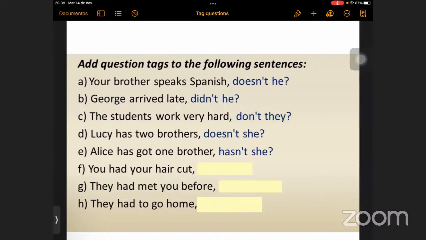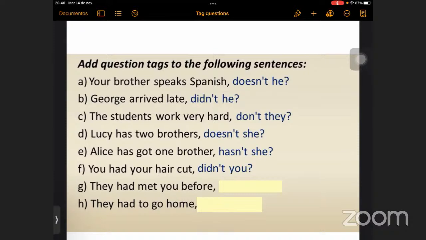Any ideas? Didn't you? Have is in simple past, so make it with the negative form of the auxiliary in simple past.